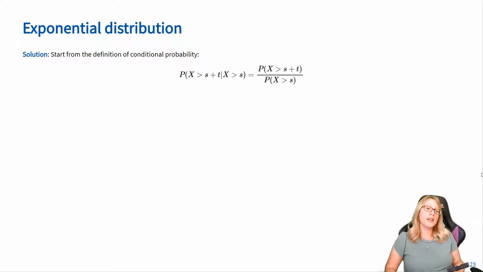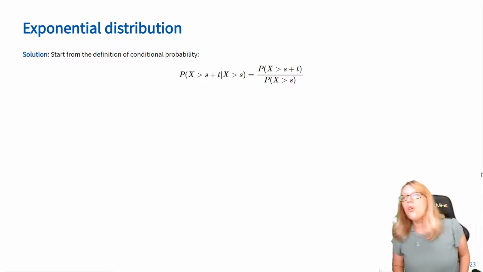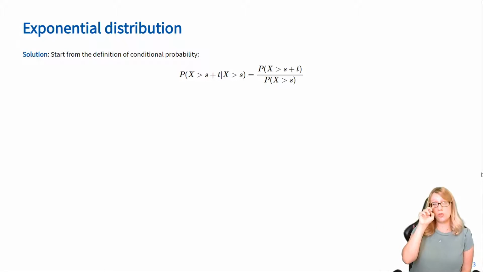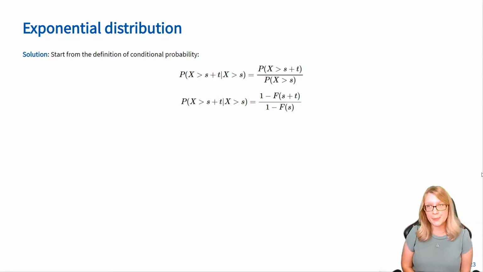Normally in the numerator of this conditional probability we have an and symbol. However, here it's strictly not necessary. In order for X to be greater than s plus t, X must also inherently be greater than s. So that's why our numerator is simply the probability that X is greater than s plus t.